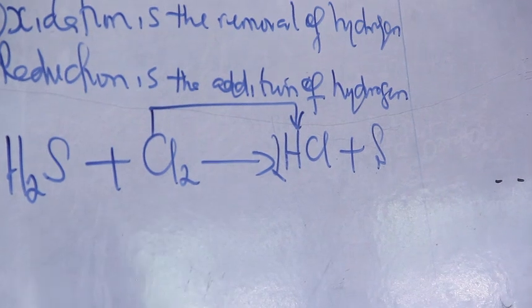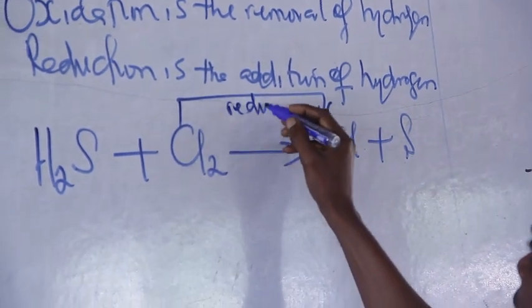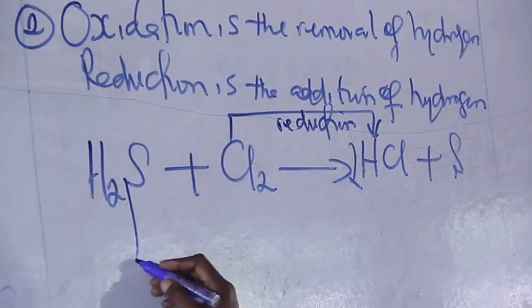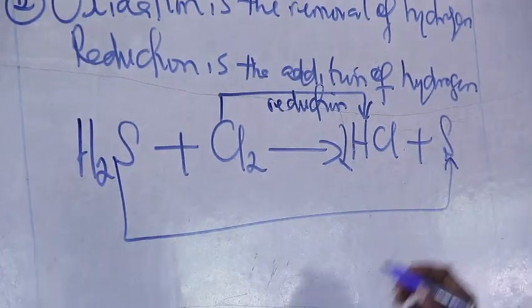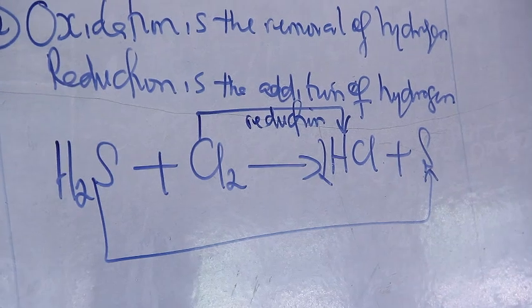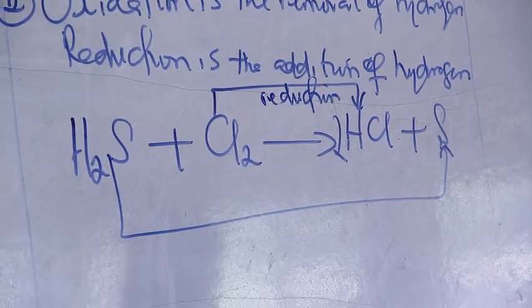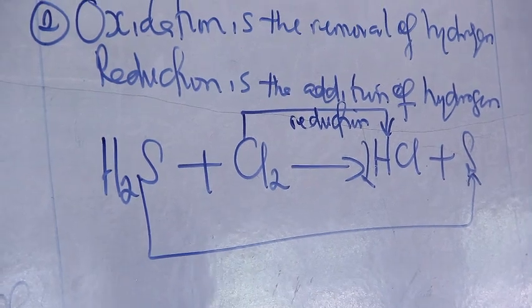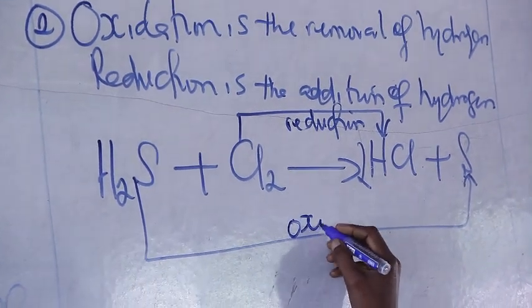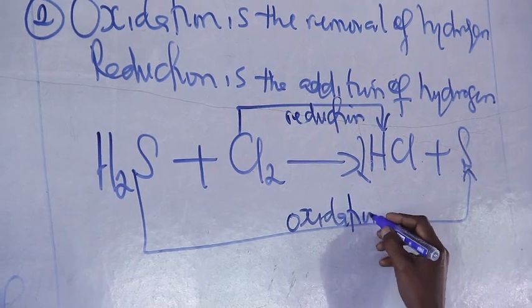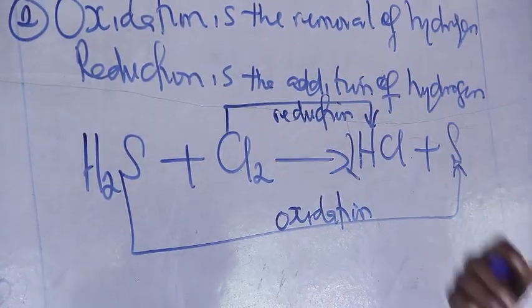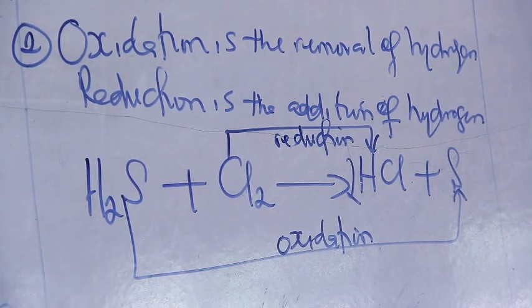So that means we have reduction here. And from hydrogen sulfide to sulfur, what happens? There is removal of hydrogen. So I say this is what? Oxidation. It also means in this reaction we have reduction, we have oxidation.